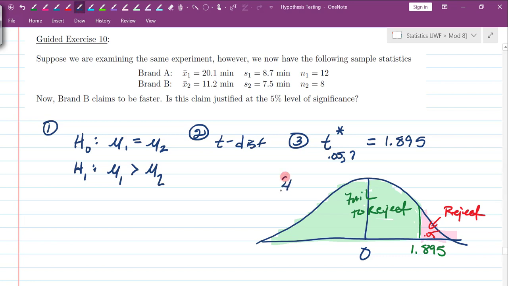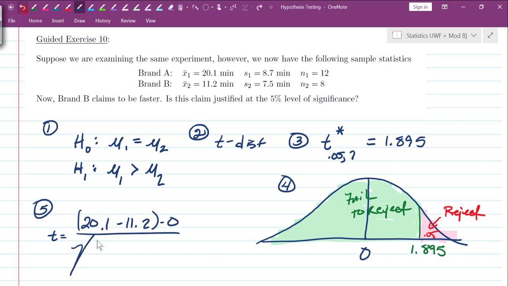So now we need to come up with our test statistic. So t is going to equal x bar 1, which is 20.1, minus x bar 2, 11.2, subtract 0, divided by the square root of 8.7 squared divided by 12 plus 7.5 squared divided by 8, and throw this on our calculators and we will find that it is equal to 2.44.